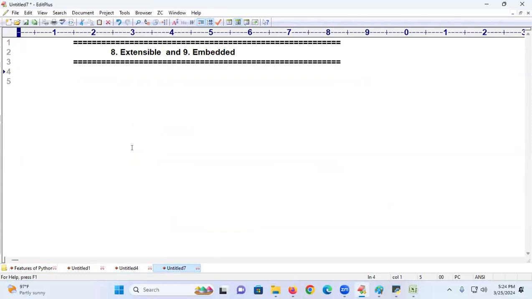See, students, Python programming, the meaning of extensible I am talking about. Why is this extensible? What is the meaning of extensible? Python programming provides its services, provides its modules.